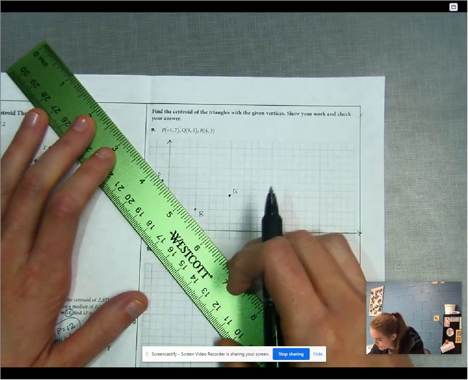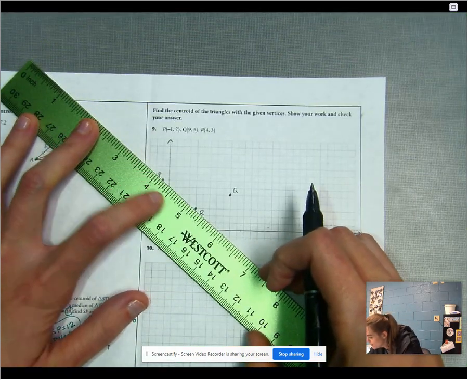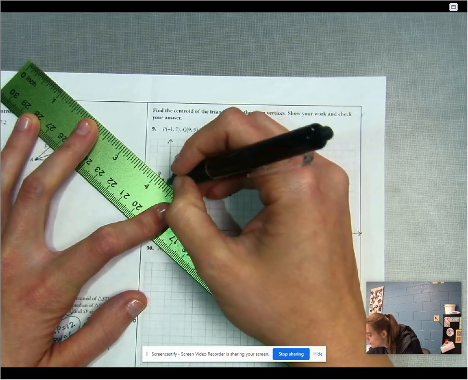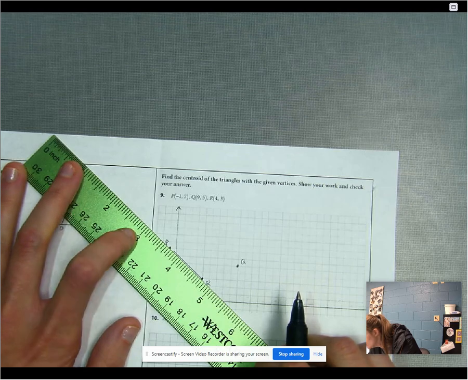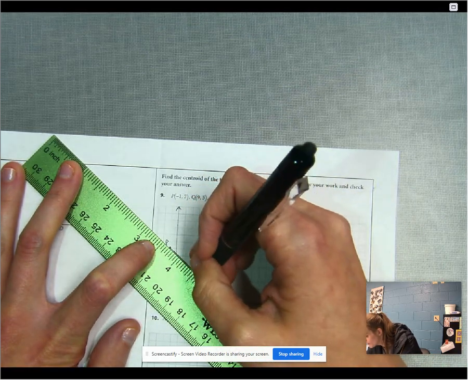Okay, the centroid is made by medians. Remember, medians go from the midpoint to the vertex, and we don't have to find all 3. We could just find 2 of the 3 and move on.